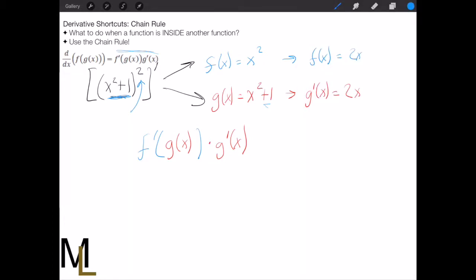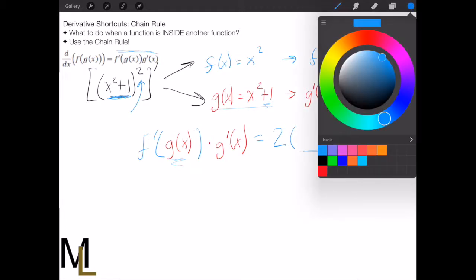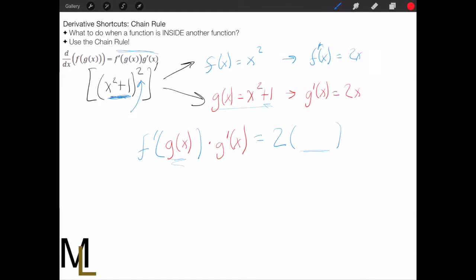And so when we write this, we will get the derivative, which is 2 times x, but in this case we don't want to put x in here. We want to put g of x in here. So we grab g of x, and we put in x squared plus 1, and then of course we multiply by g prime, which is 2x. And now at this point you simplify.